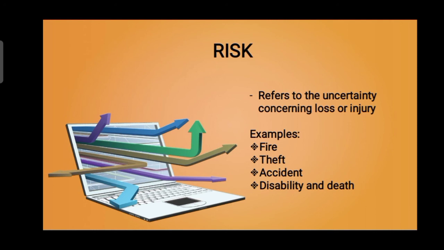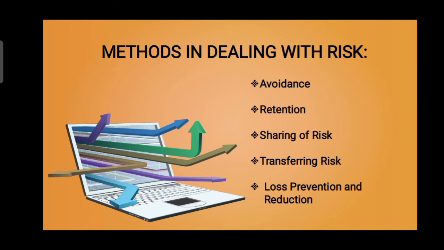Its examples are fire, theft, accident, disability, and the worst is death. However, there are methods in dealing with risk. First is the avoidance, second is the retention, then sharing of risk, then transferring of risk, and loss prevention and reduction.